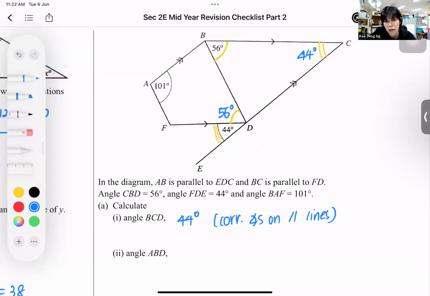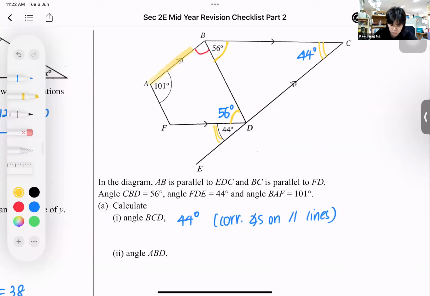Okay, next one, angle ABD. How am I going to calculate angle ABD? Anyone? No response. How to calculate angle ABD? What can I use?